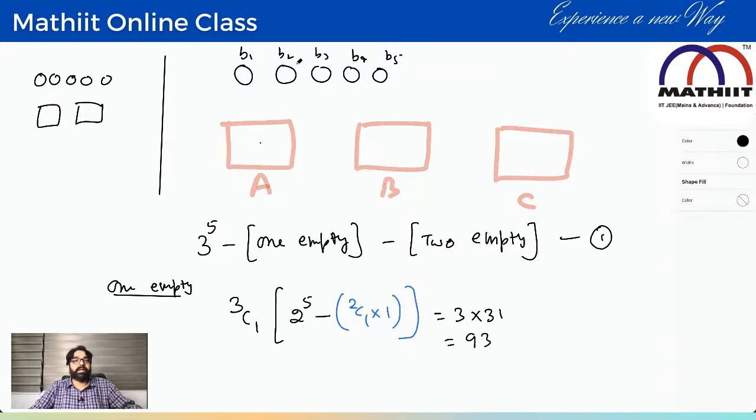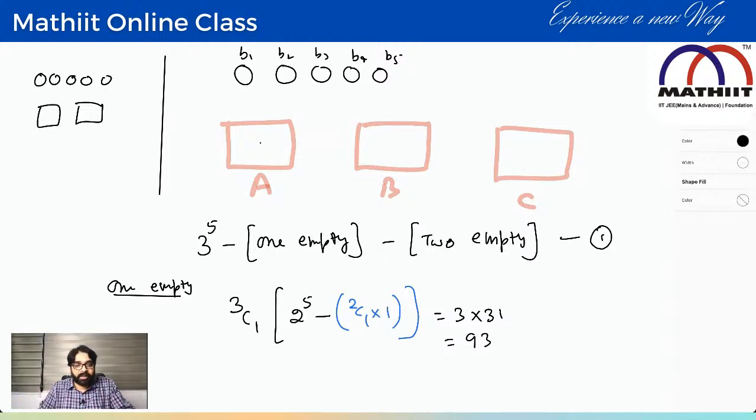This line, did everybody understand? Please tell me, then only I can proceed further. Is this point clear to everybody? The logic that I applied: 1 box I selected, I threw out. 2 boxes left, I will fill them so that none is empty.